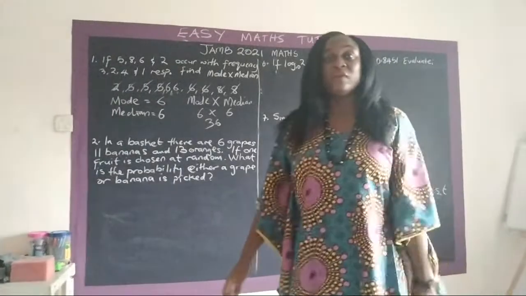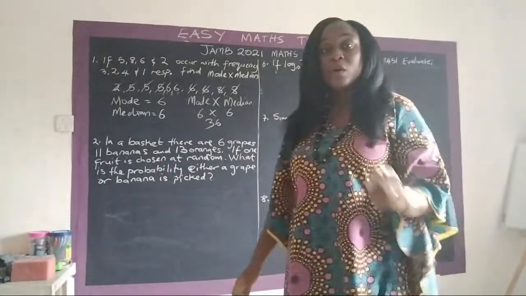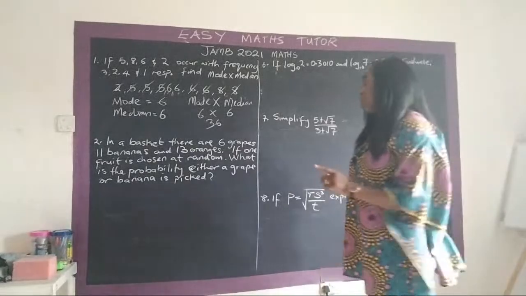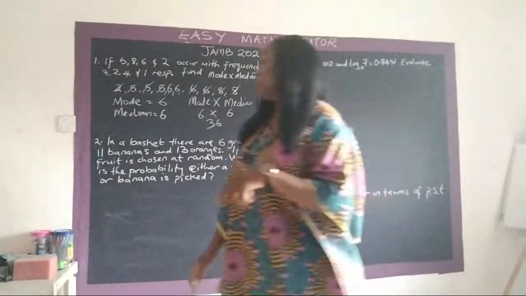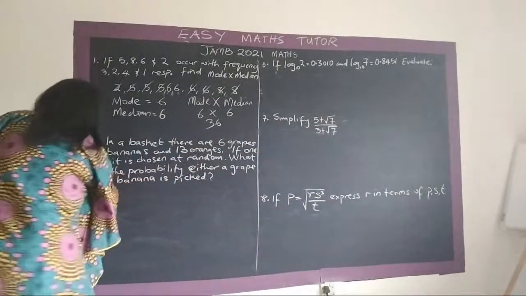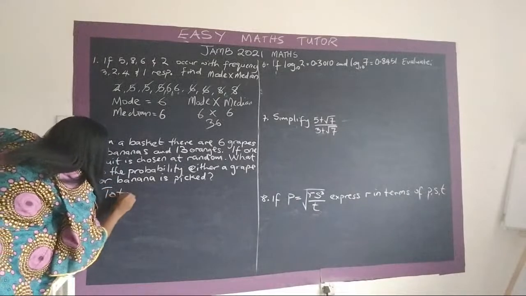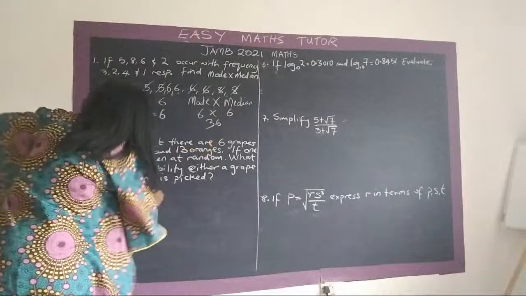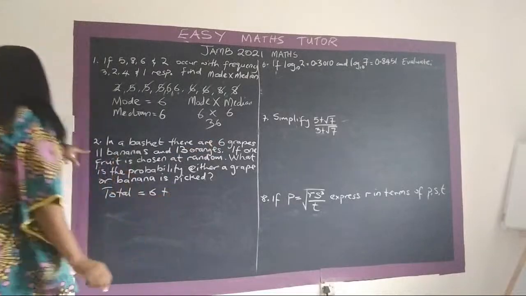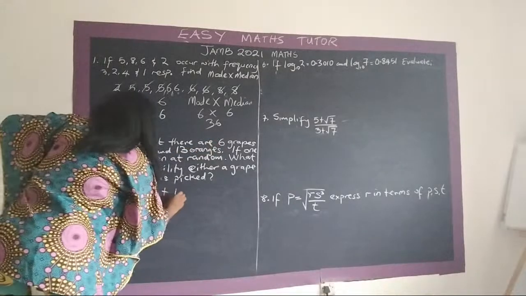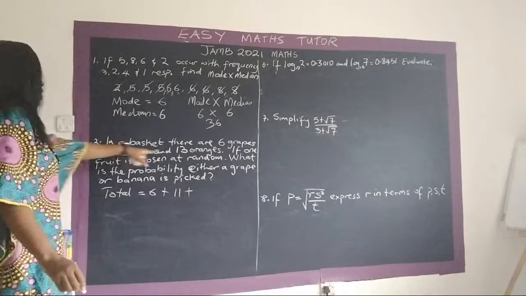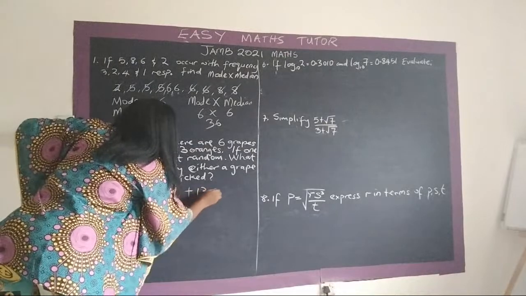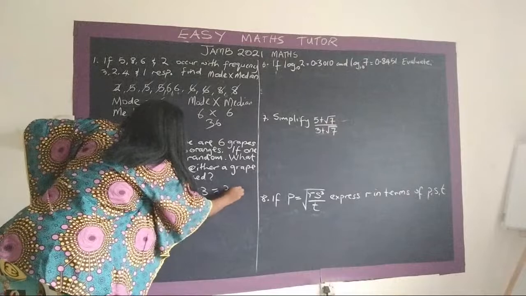First of all, how do we solve this? We find out the total number of fruits in the basket. We have 6 grapes, 11 bananas, and 13 oranges. That gives us 30.